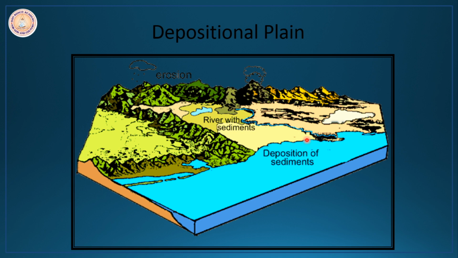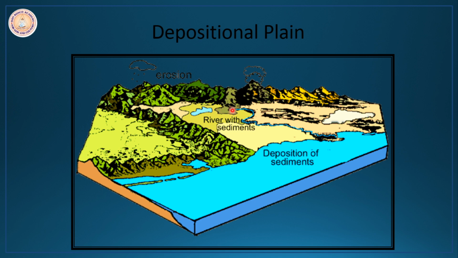So they form plains near the coastal area. There might be lakes which are formed by the action of rivers, and later on these areas might be filled with deposition of eroded material.